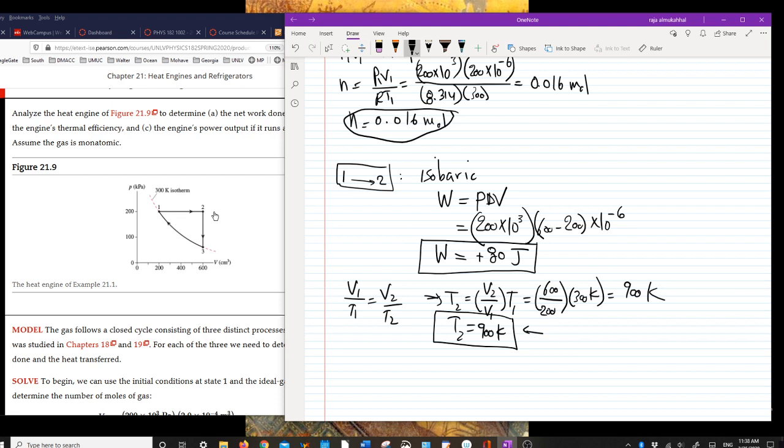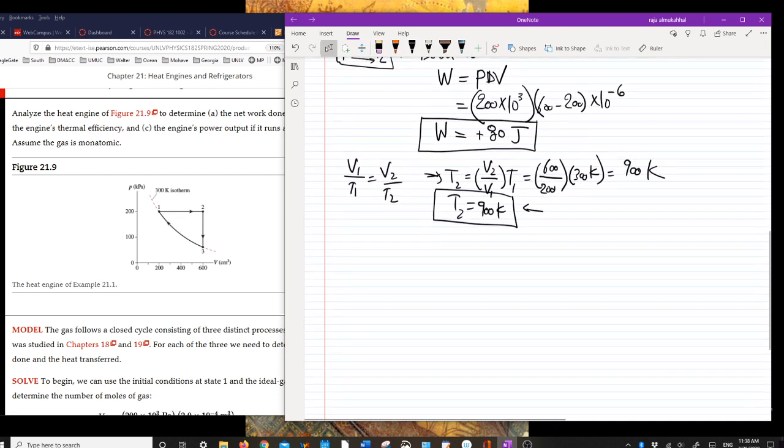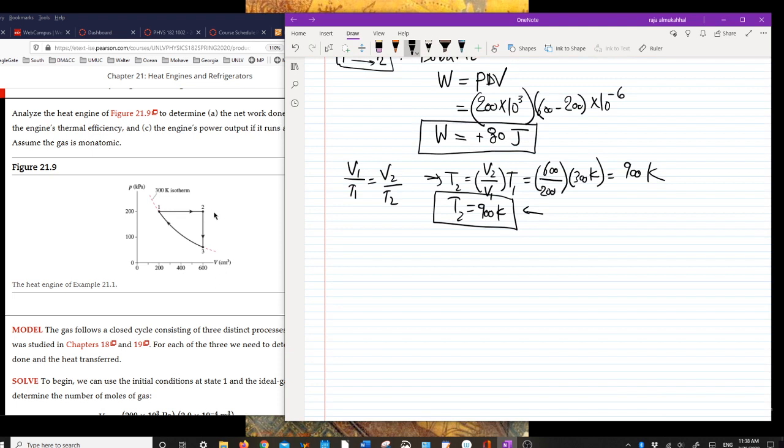The last thing I want to get out of that in this cycle is the Q value. This Q value is basically the Q hot. So how do I calculate the Q value? Since it's monoatomic and it is isobaric, if you remember, that's equal to n C sub P delta T. Remember that?